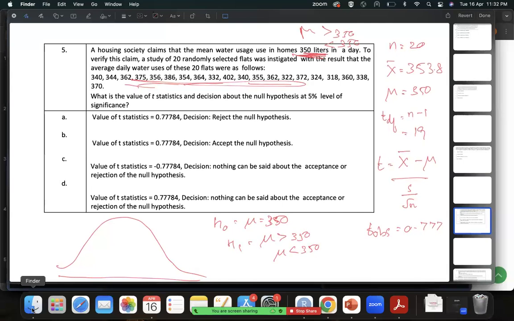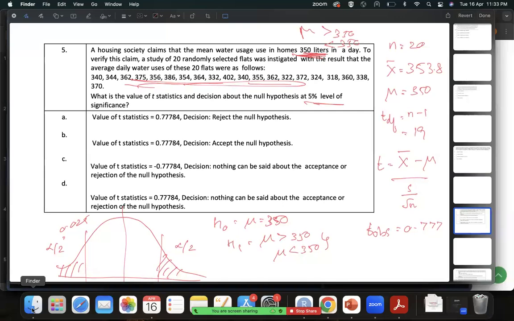It could be anything. When you have this kind of scenario, you do a two-tailed test. So alpha by 2 is equal to 0.025 because of 5% level of significance.